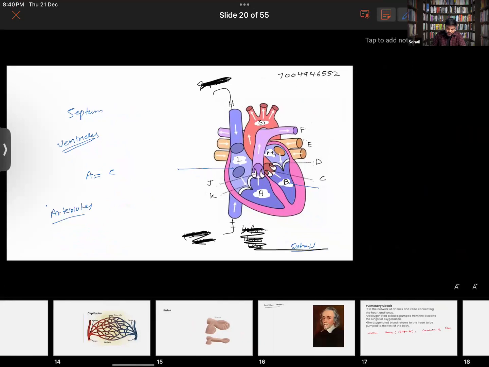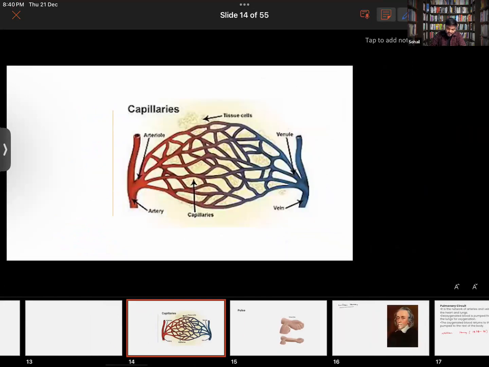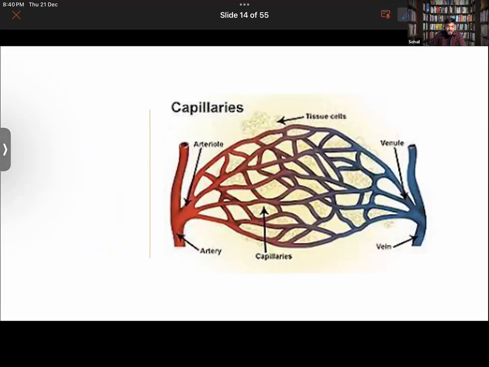Venules and arterioles. We did discuss that, right? So arteries branch out into arterioles. These are later connected to the tissue cells, and here the exchange of materials takes place in the capillary.